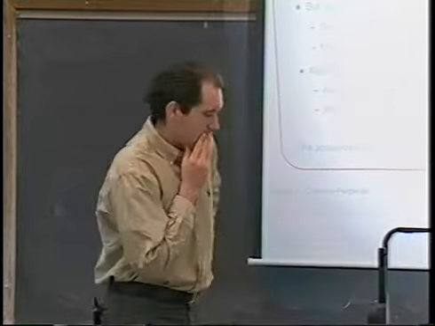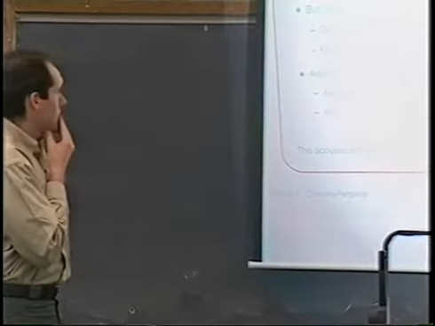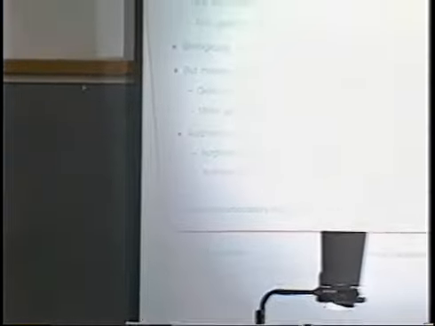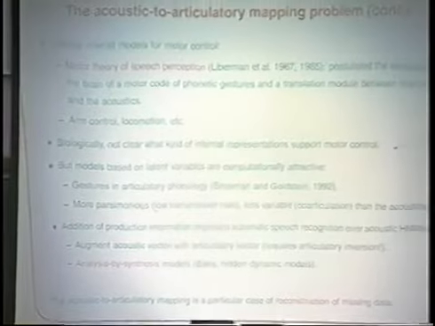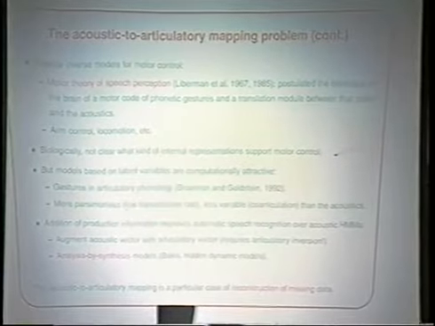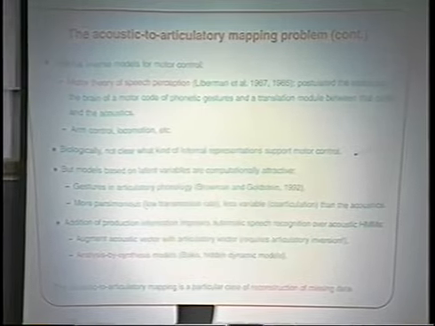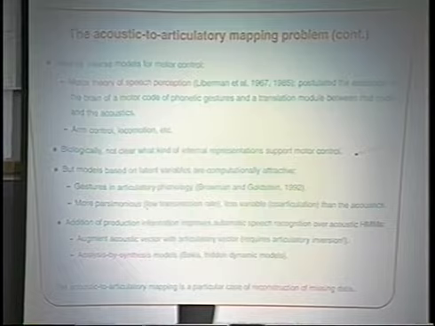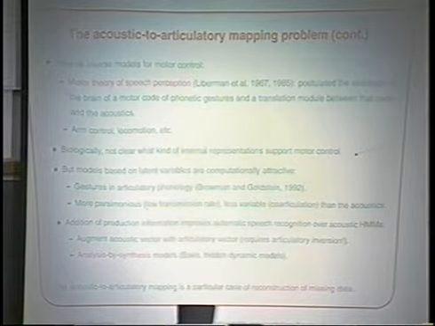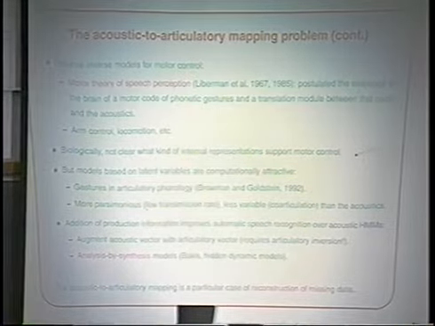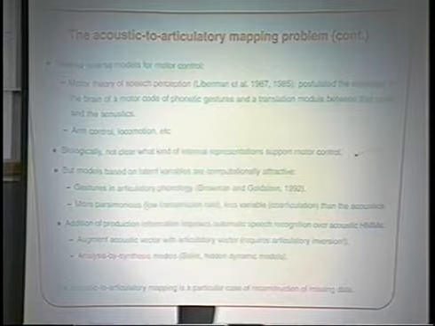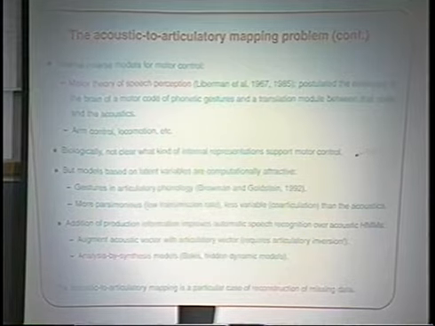This also has biological implications about what internal inverse models for speech production and perception are, and motor control in general. This arose a couple of decades ago with the motor theory of speech perception, which has been heavily controversial, that postulated the existence of two things in the brain.